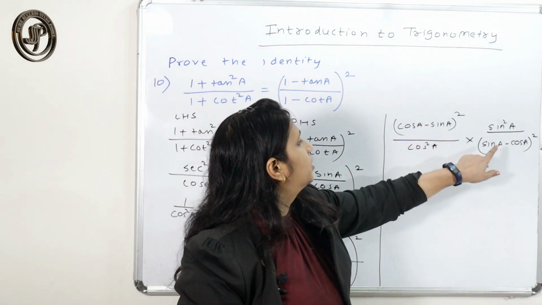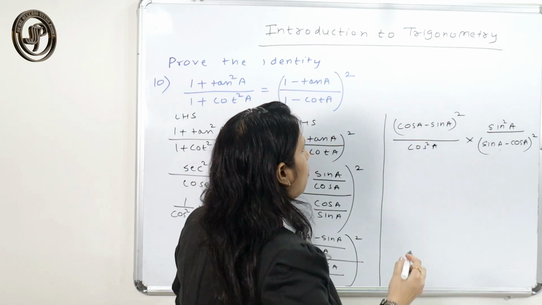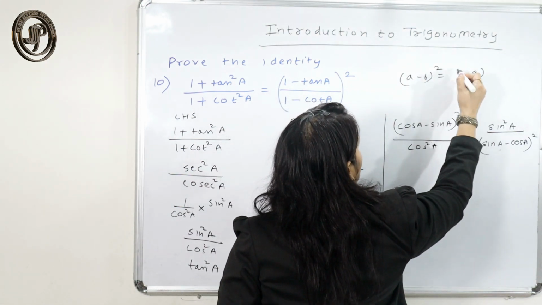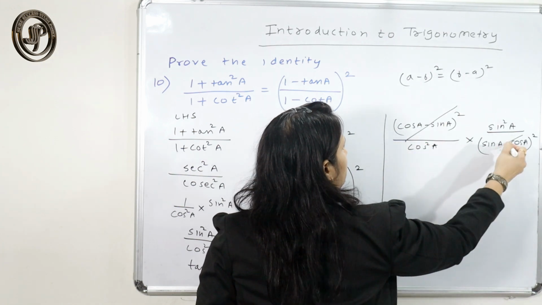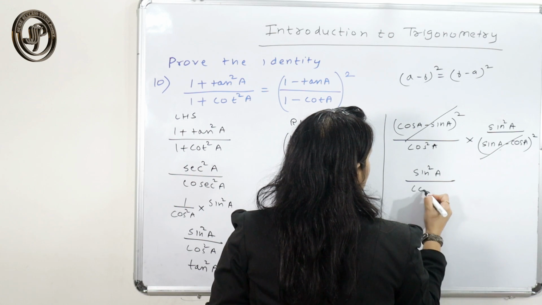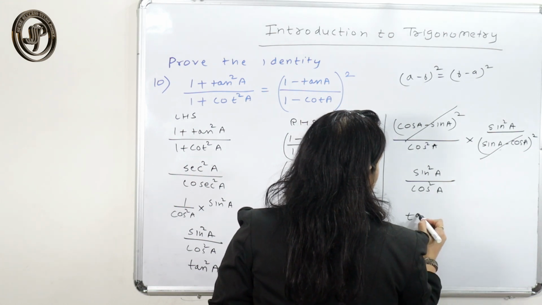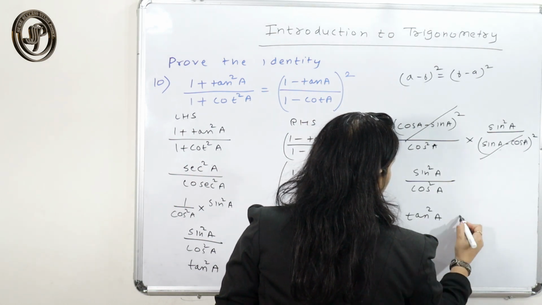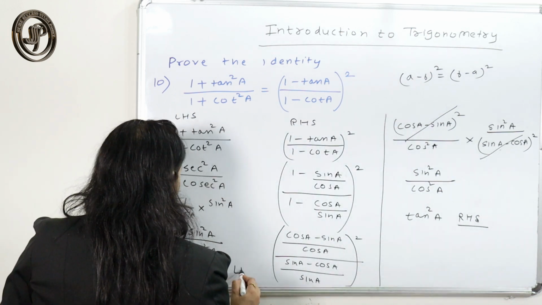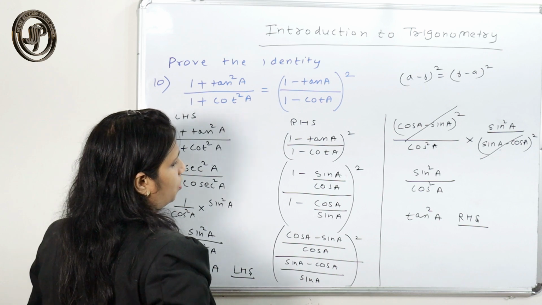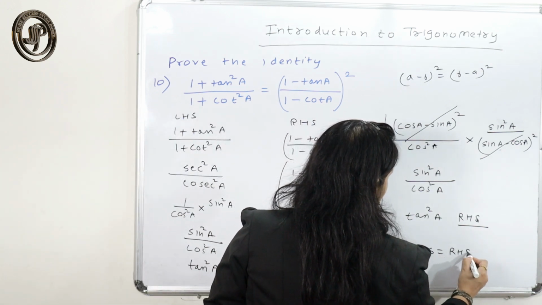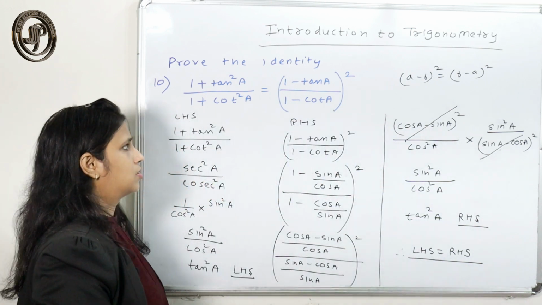Now this and this can cancel out, because we know that (A minus B) whole square equals (B minus A) whole square. So we can cancel out these two, and my RHS becomes tan square A. So my LHS is also tan square A. So at the end, I can write LHS is equals to RHS.